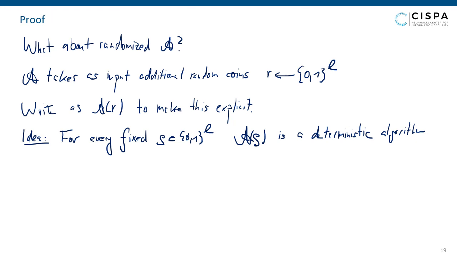That means, by what we've just shown, such a deterministic A has a winning probability in this int experiment of A_rho of exactly 1/2. That's what we've just shown. And now the rest follows by the magic of the law of total probability.